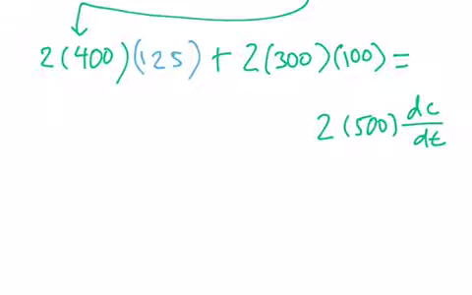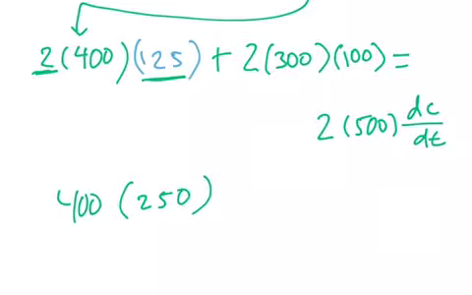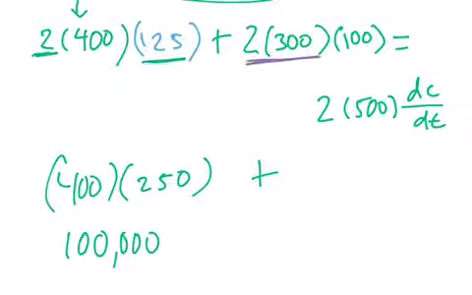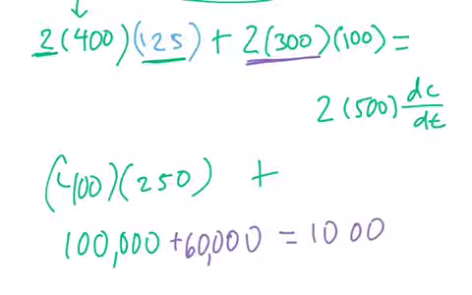So what's probably the best way of doing this? 2 times 125 is going to give me 250. 250 times 400, that's just 25 times 4 is 100. And I have 3 zeros. Over here I have 600 times 100, which is going to be 60,000, plus 2 zeros behind it.